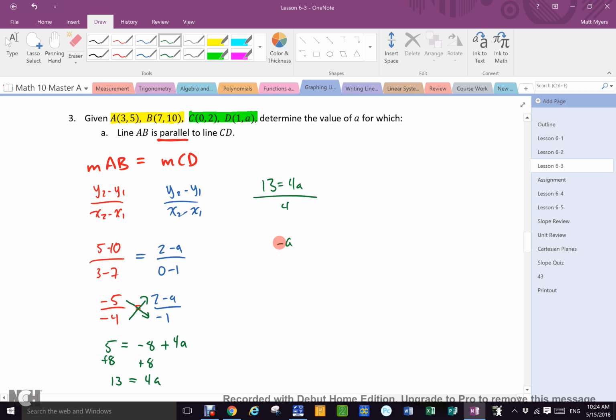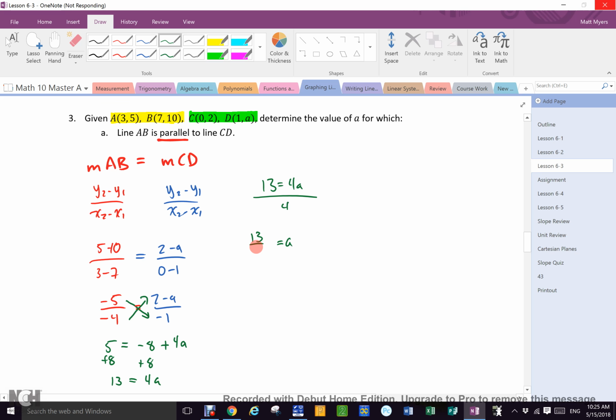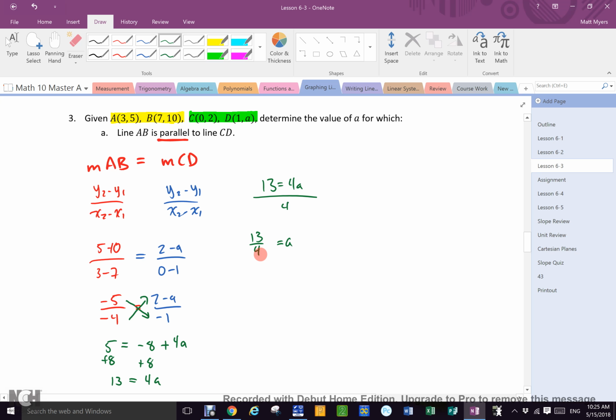What does a equal? 13 over 4. Why does that bother you? It's a fraction. Does it matter that it's a fraction? No, because it's 3 1/4, isn't it? Could you put 3.25 on a graph? Sure you could. You'd go up to 3, then you go 1/4 of the way to 4, wouldn't you? Everybody understand?